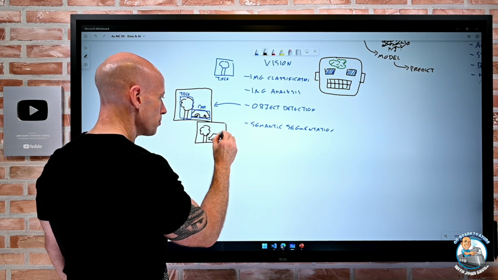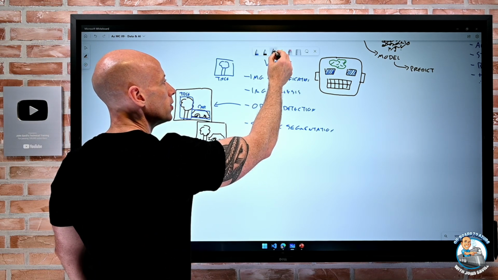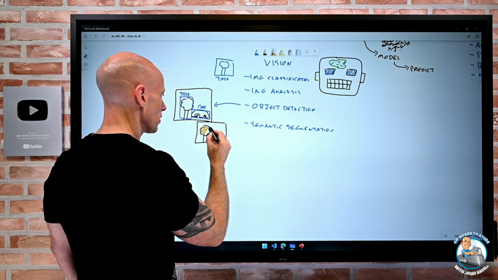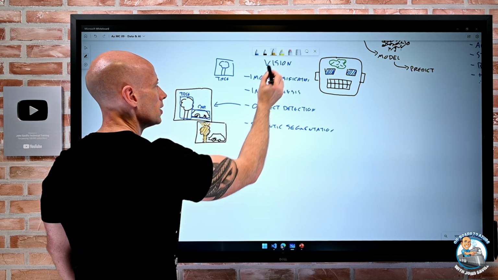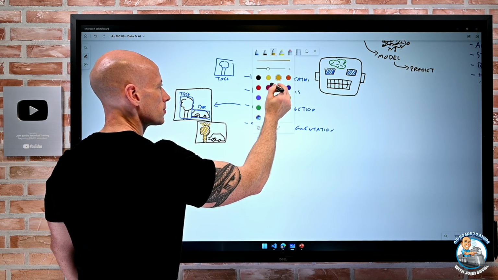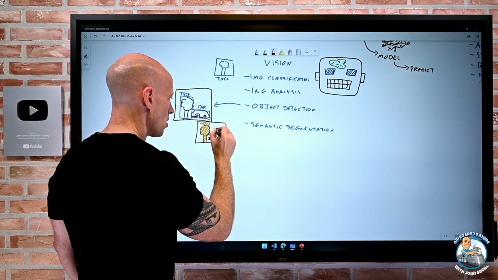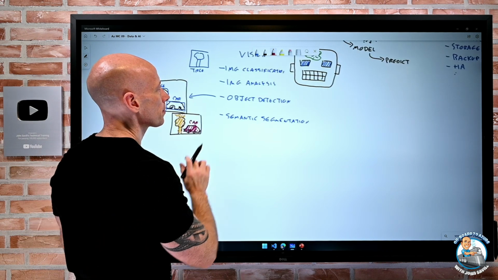It's exactly the same picture, but instead of drawing a box around it, now what it would do is it would color in the pixels. Tree. It would color in the pixels. Car. So it makes it easy to see the exact parts of that.